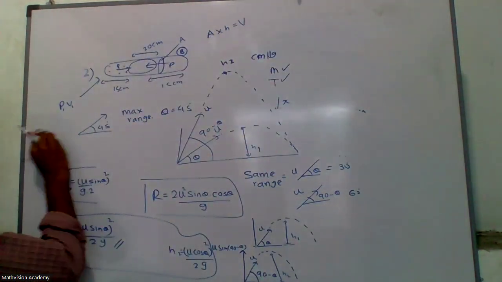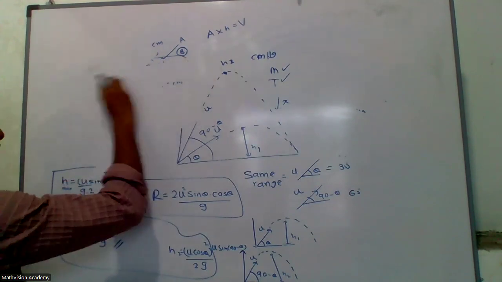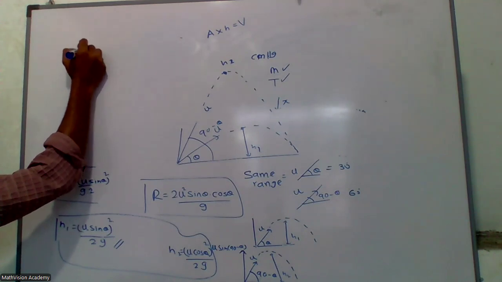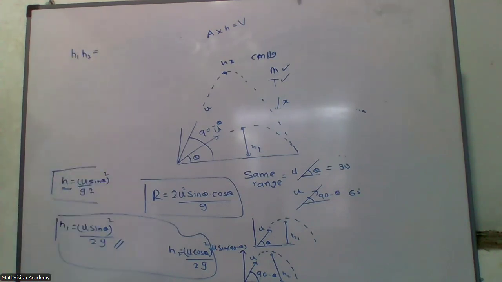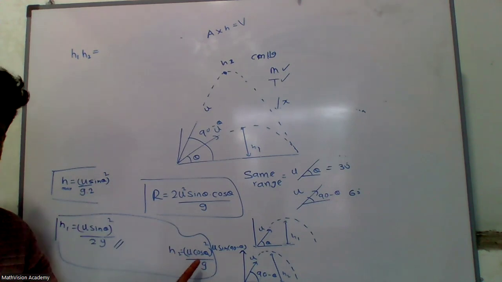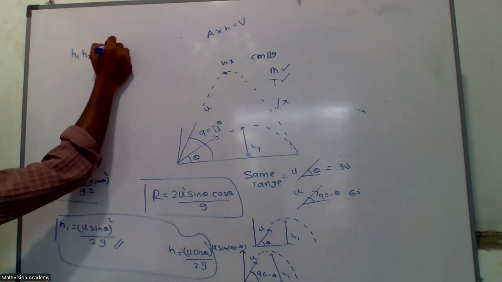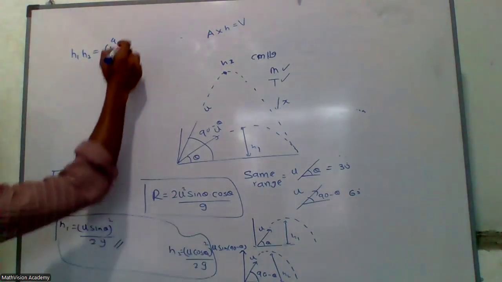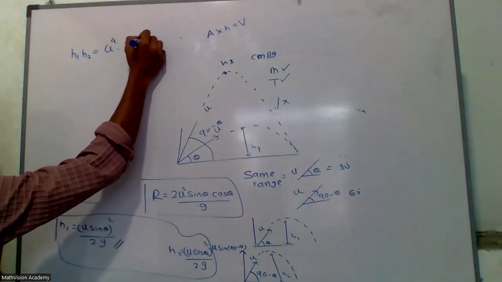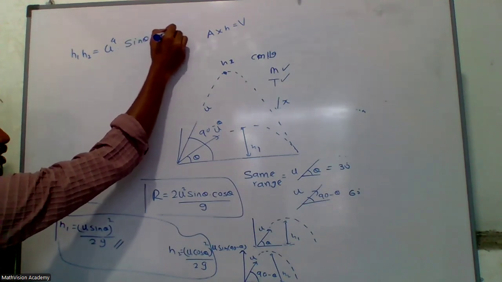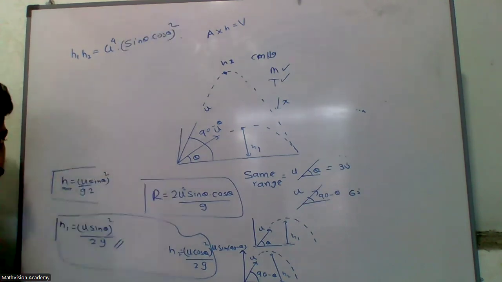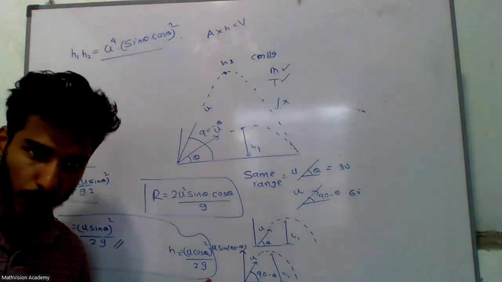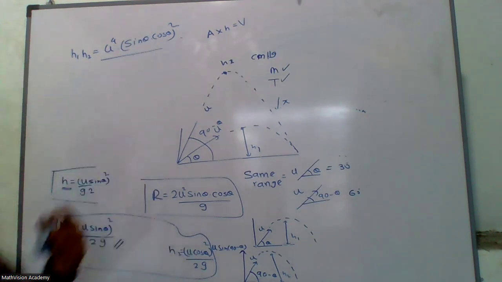So what I am going to do is, I am going to multiply H1 and H2. So I will be having u squared into u squared is u to the power 4. Sin squared theta and cos squared theta is sin theta dot cos theta whole thing squared, divided by 2 into 2 is 4, g into g is g squared.